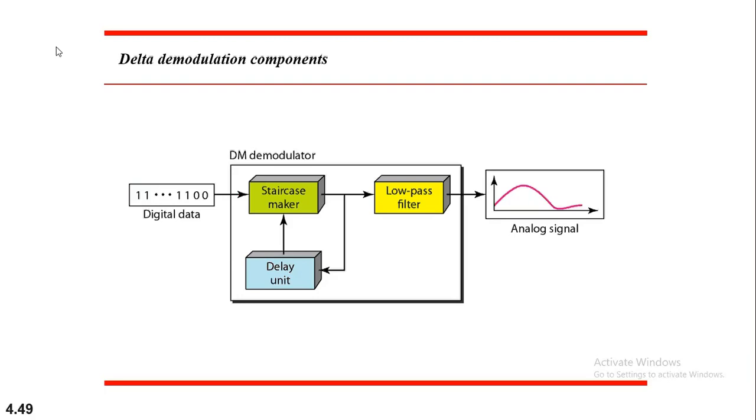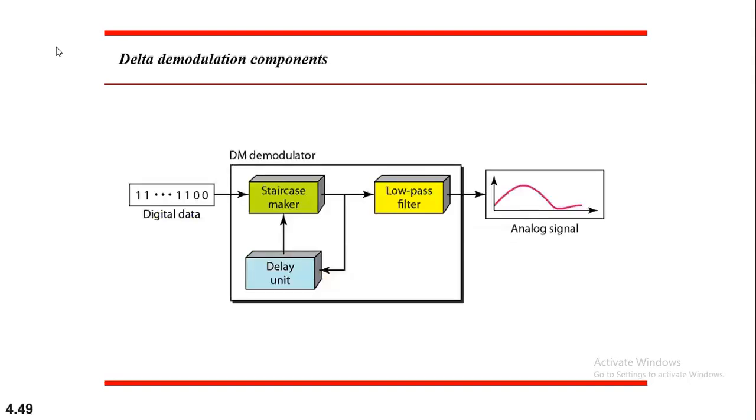And if we compare the quantization error associated with delta modulation and with PCM, then PCM has higher quantization error compared to delta modulation, and delta modulation is much simpler as compared to pulse code modulation. So these are the basic things about delta modulation and its working principle.